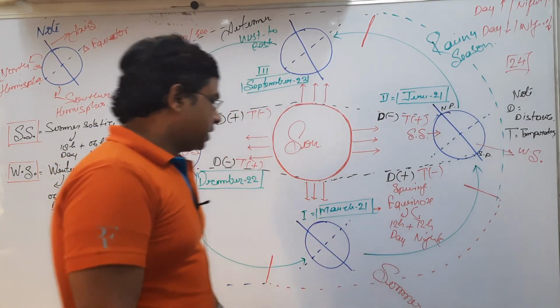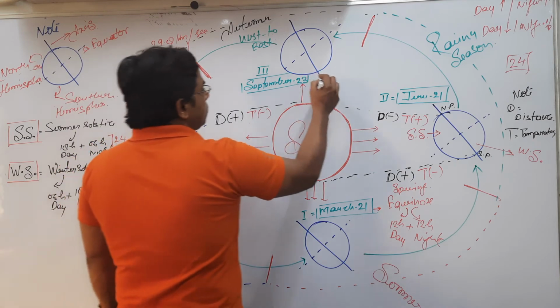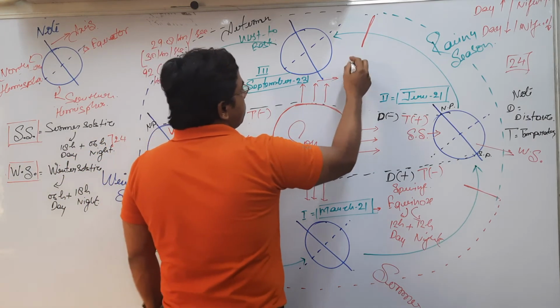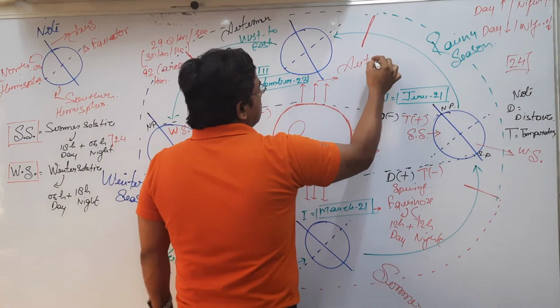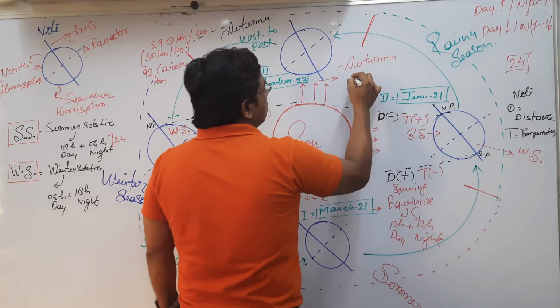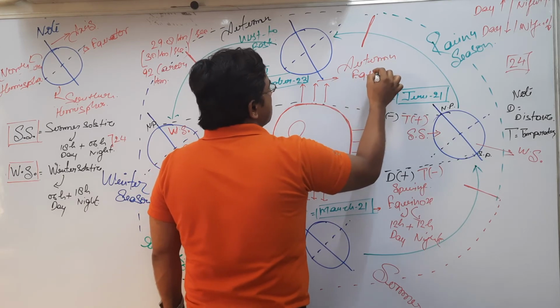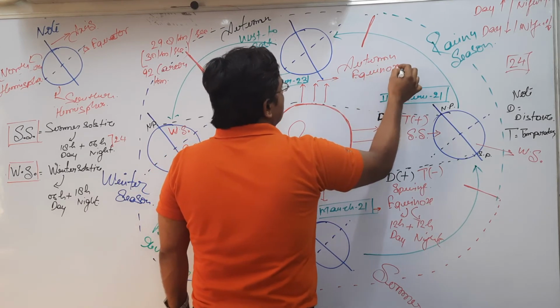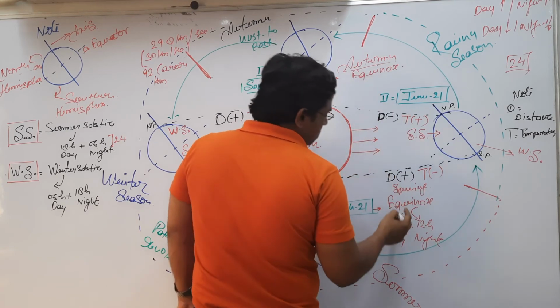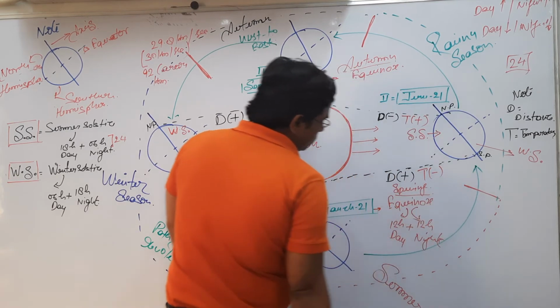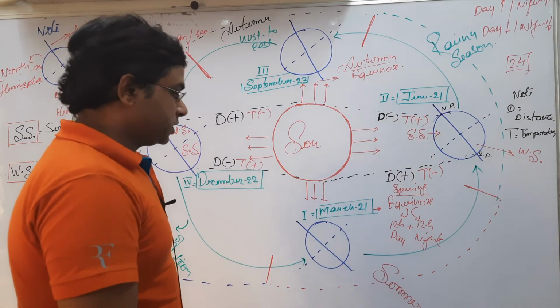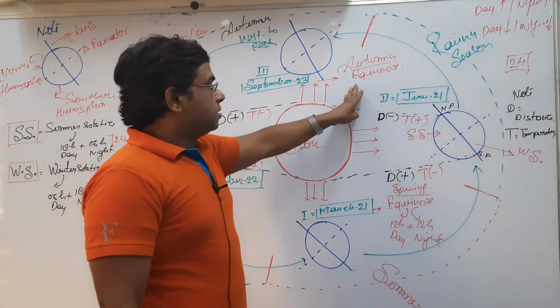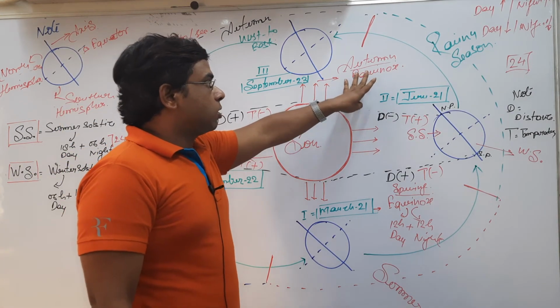And on the 23rd of September, we have the autumn equinox. On the 21st of March, we have the spring equinox, and on the 23rd of September, we have the autumnal equinox.